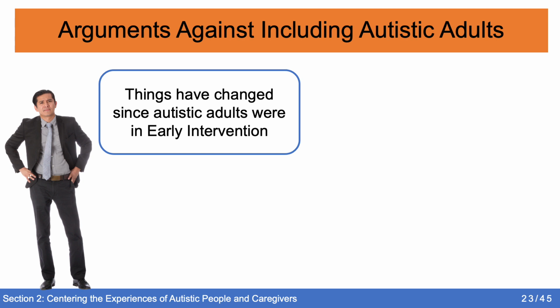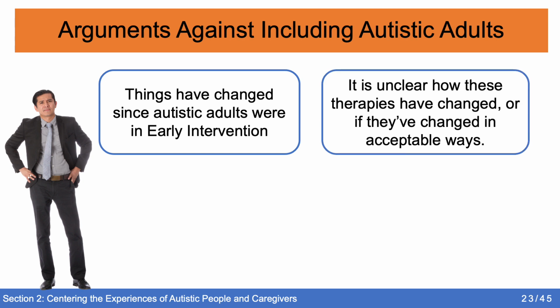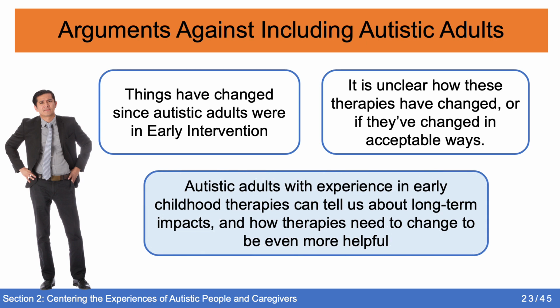But it's usually unclear how some popular therapies have changed and if they've changed in ways that are acceptable to autistic people. Including autistic adults with experience participating in early childhood therapies can provide us with insight on long-term impacts of early therapeutic experiences and how therapies may need to change to be more effective.